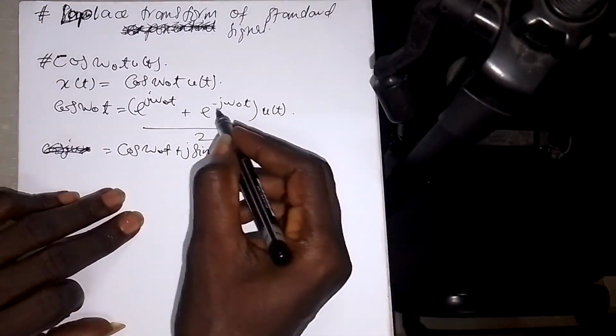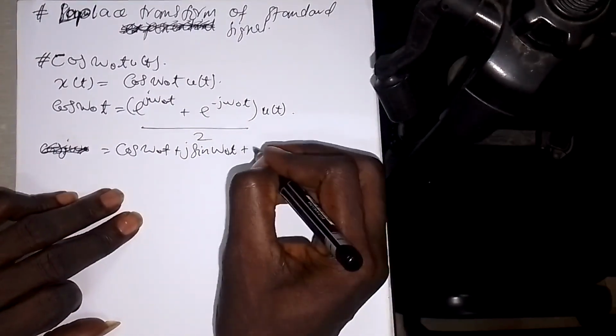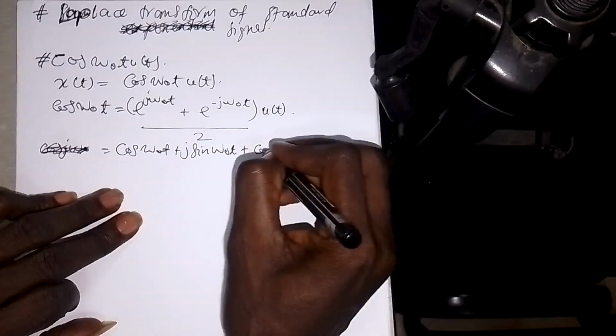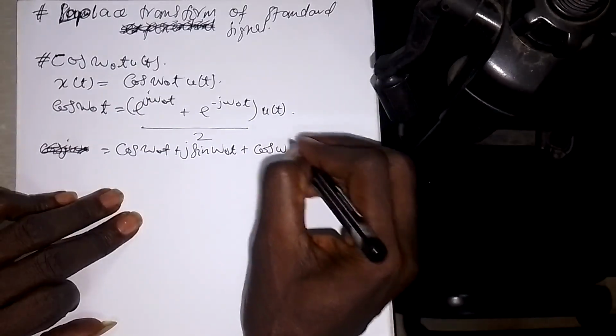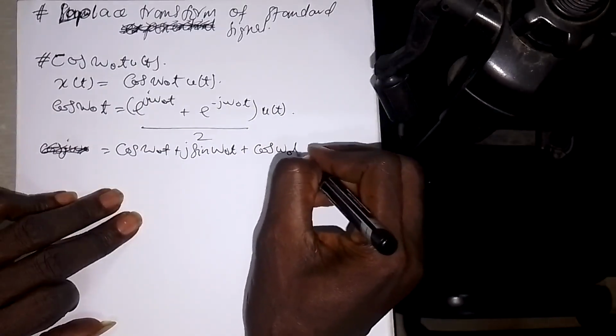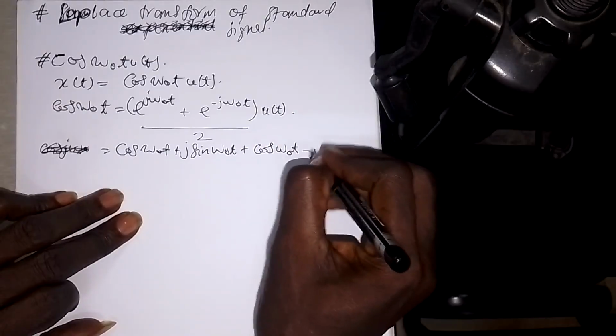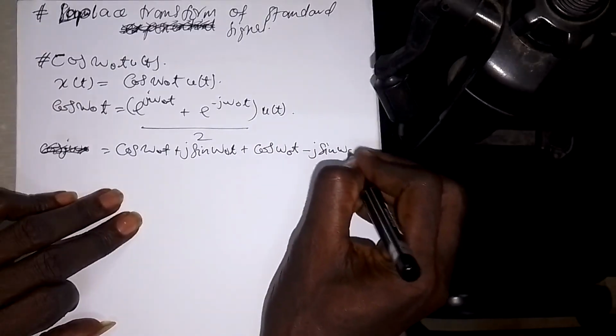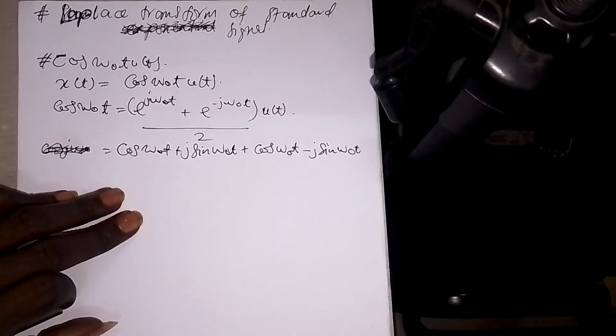Then this place also we're going to have cos omega naught t minus j sine omega naught t. So this is what you're going to have.